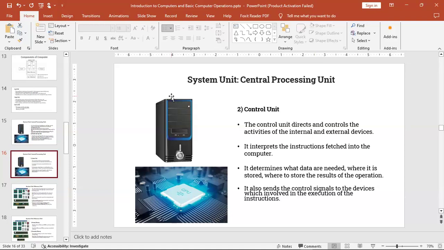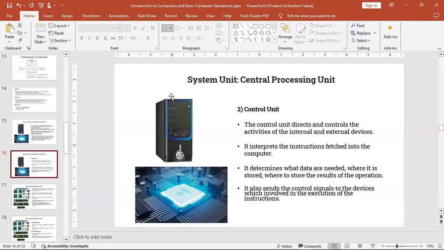That's not all. Remember, the arithmetic and logic unit processes the information, does the mathematical calculations, and now it is sent to the control unit for the control unit to interpret the instructions fetched. So the control unit interprets those processed instructions that were sent to it.